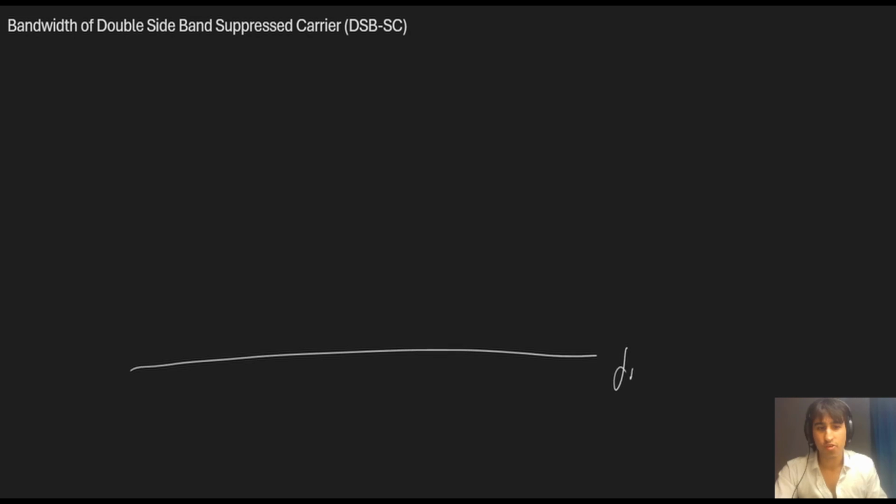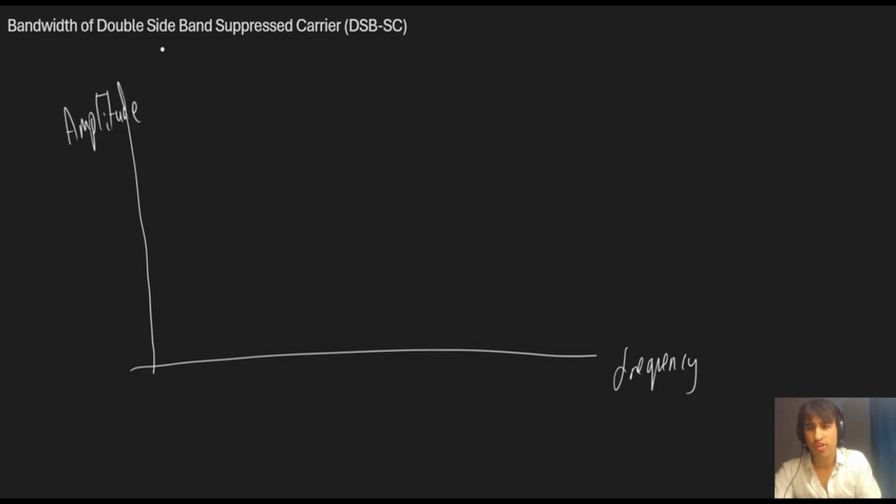Okay, so let's draw this on a frequency amplitude graph. Frequency on the x-axis, and on the y-axis we have the amplitude. Let's try to plot what the double sideband suppressed carrier looks like. In the middle we would have our carrier, just for reference, the frequency of the carrier, which is 1 megahertz.